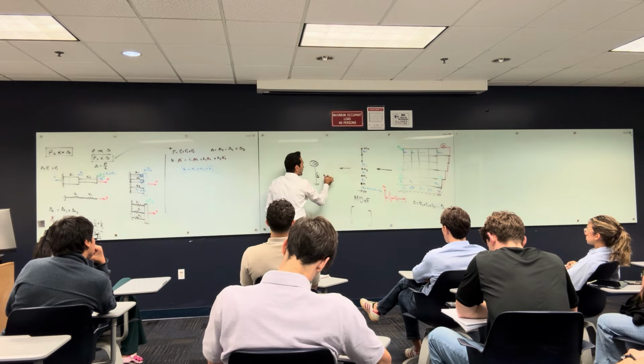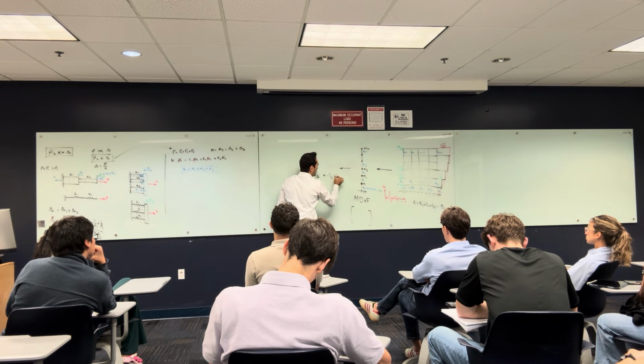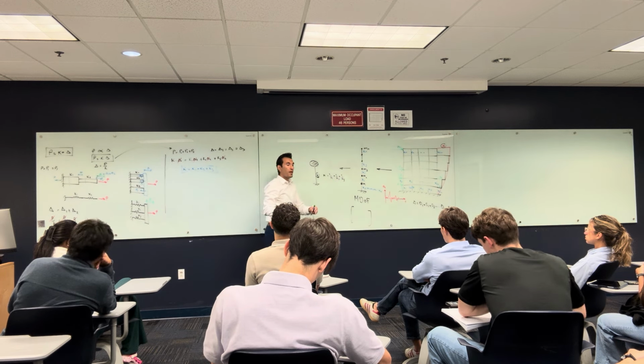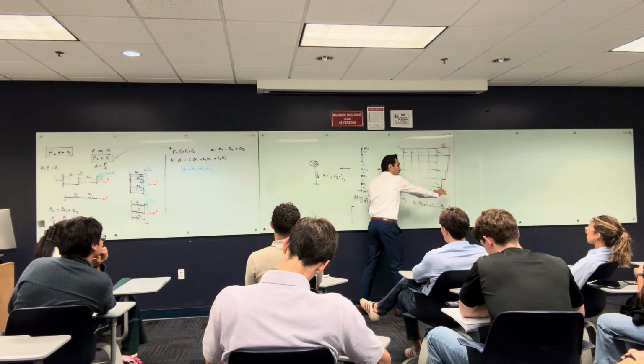Like 1 over K is going to be equal to 1 over K1 plus 1 over K2 plus 1 over K3. The summary is that stiffnesses in the same story are in parallel, and the stiffnesses in different stories are in series.